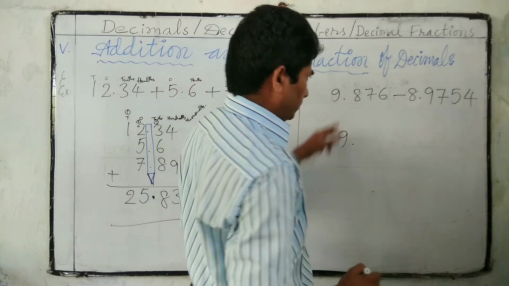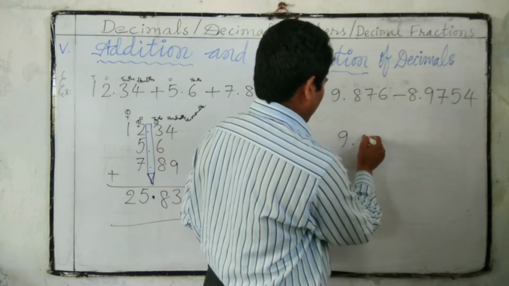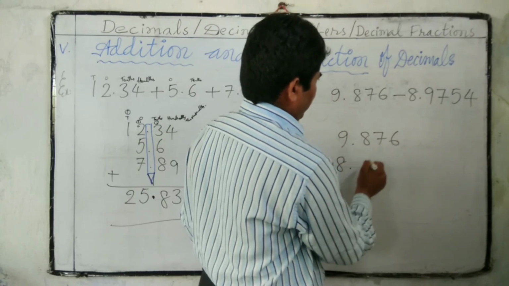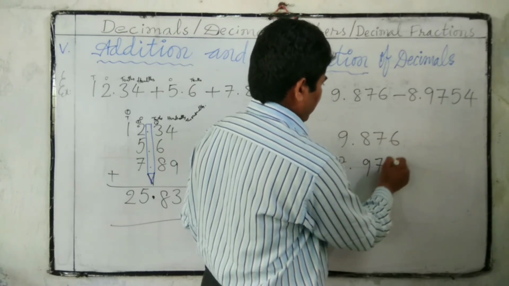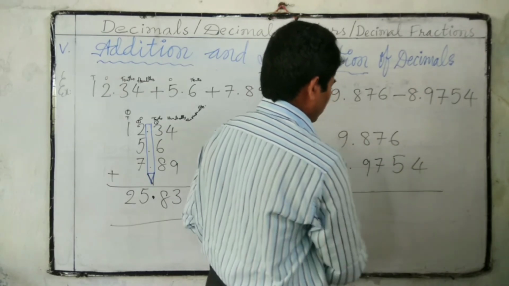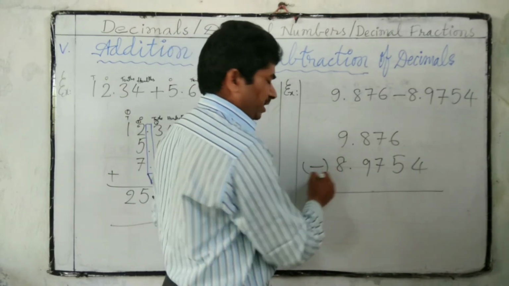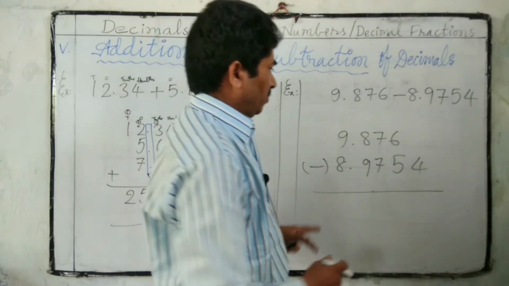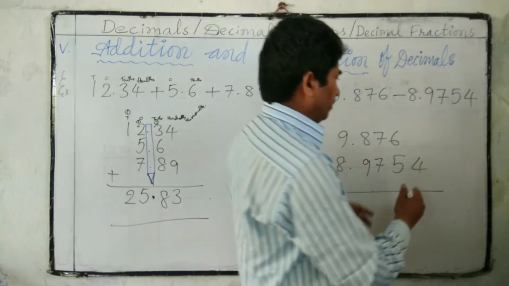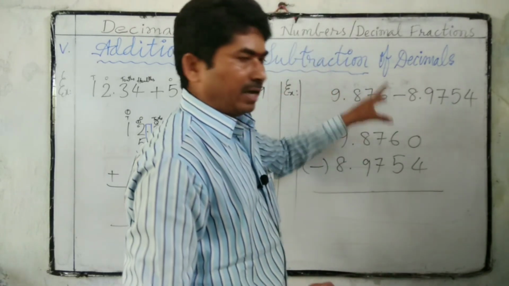To subtract this, we have to write one below the other according to its place values. 9.876, 8.9754. While subtracting decimals, first we have to make like decimals. To make like decimals, we simply keep zeros as many needed. So now these are like decimals.